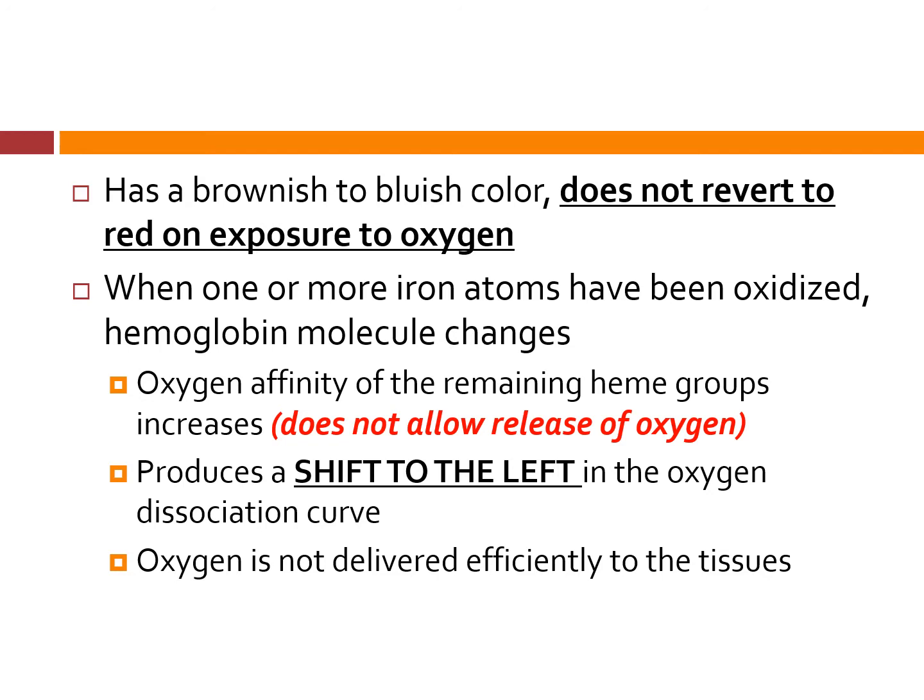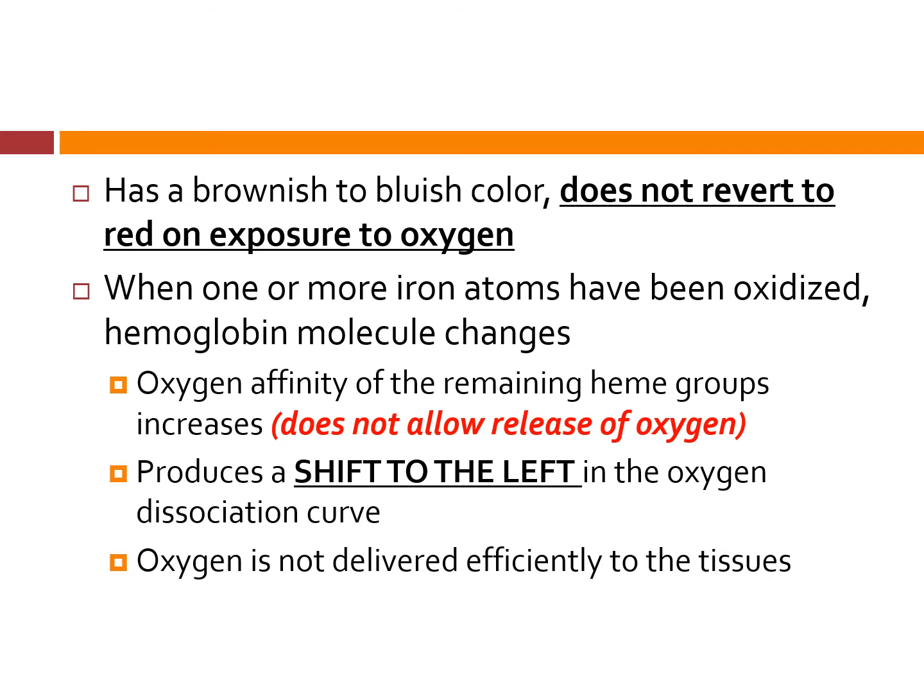So that will not allow the release of oxygen, and also there will be a shift to the left in the oxygen dissociation curve, and oxygen is not delivered efficiently to the tissue.